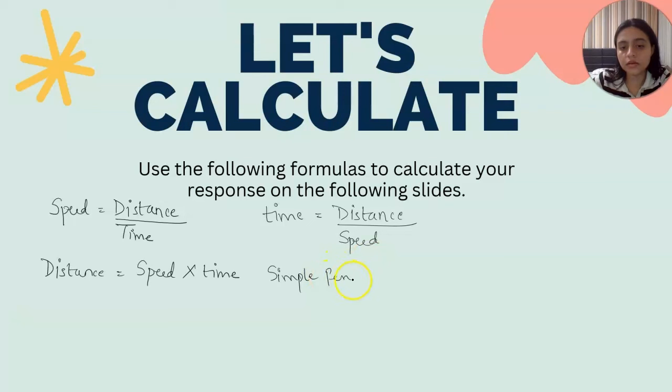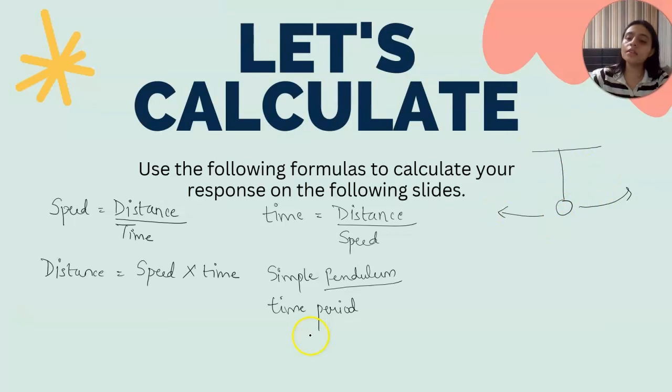In the simple pendulum, the questions may ask you to calculate the time period of the whole oscillation. Like you have a simple pendulum that looks like this. There is a string and there is a bob which moves in a to and fro motion.